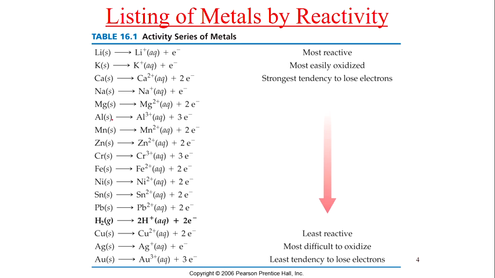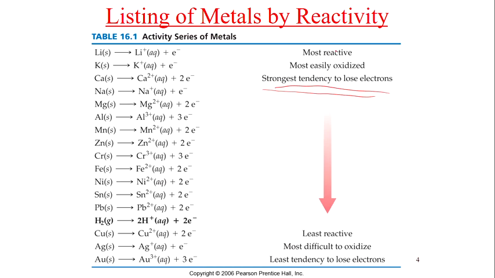And whenever we are going to work on the non-metals, we may have some table like this one. So as you see here, we can see the activity of elements, or as you see in this statement here, a strongest tendency to lose electrons, or more active elements.